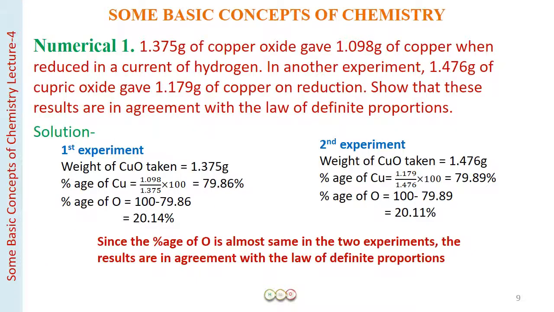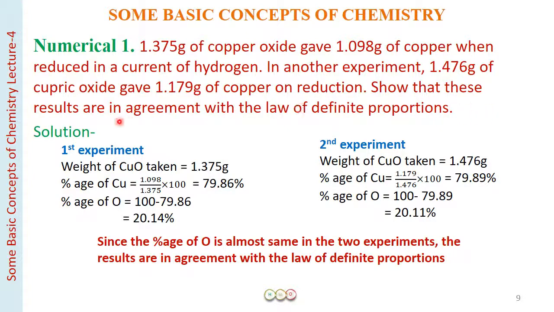So we have a numerical saying that 1.375 gram of copper oxide gave 1.098 gram of copper when reduced in a current of hydrogen. In another experiment, 1.476 gram of cupric oxide gave 1.179 gram of copper on reduction.